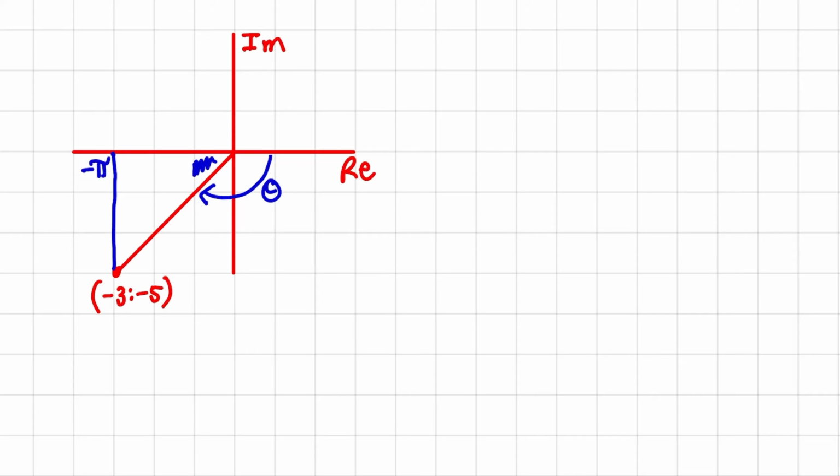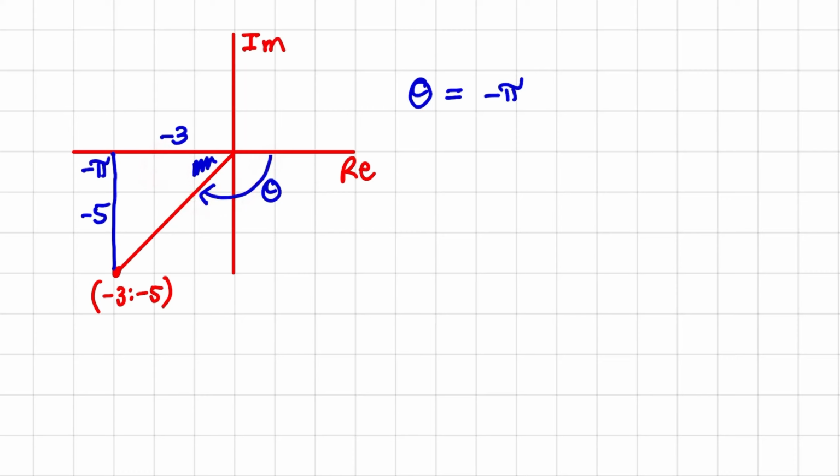And the lengths of that triangle would be minus 3 for the adjacent side and minus 5 for the opposite side. But as in the previous video, we'll use absolute values. So in order to find the argument of this complex number, I would consider negative pi, because I moved negative pi all the way back to the real axis. And then I'll add the reference angle.